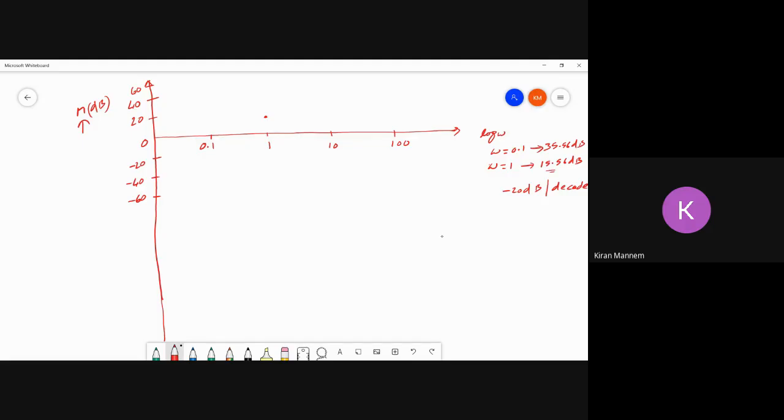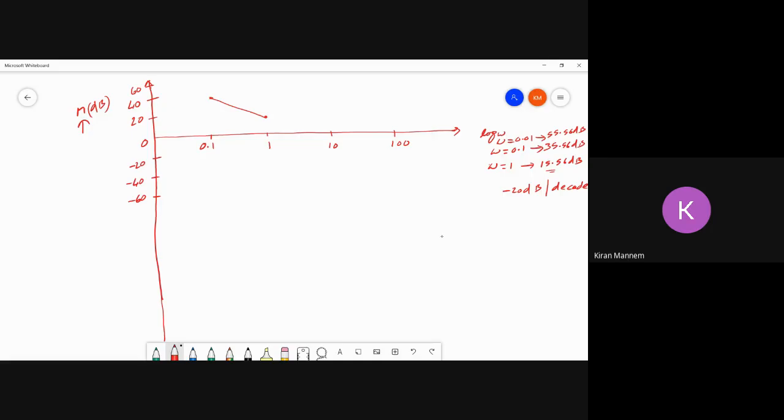And if you take another value when omega equal to 0.01, what could be the value? It is 55.56 dB. So this is how you should draw the minus 20 dB per decade line. So at 0.1, it should be something like 35.56, and this could be somewhere here, right? So we extend this point like this.